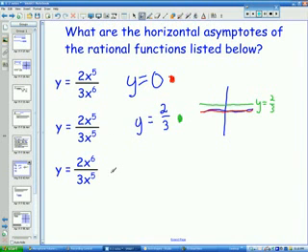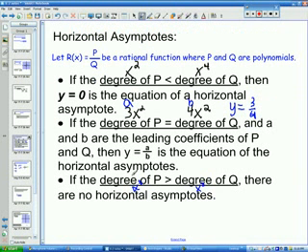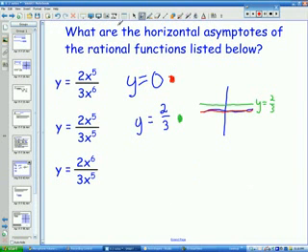Okay, so for the last example, if we look at the previous slide, the degree on the top is bigger than the degree on the bottom. And if the degree on the top is bigger than the degree on the bottom, then there are no horizontal asymptotes. So for this one, we can just write no horizontal asymptotes.